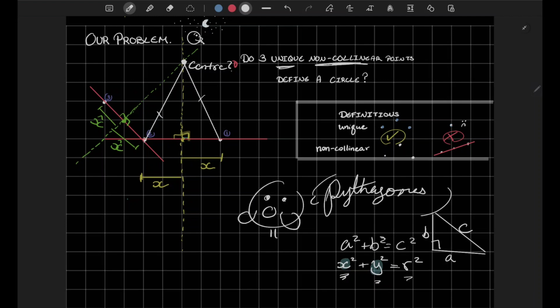And then what about for point number 3, when we draw this line to the center? Well, we can't directly say the relationship between here and here, but we can say that this length is equal to this length for the same reasoning. We have the same horizontal distance, quote unquote, and same vertical distance.